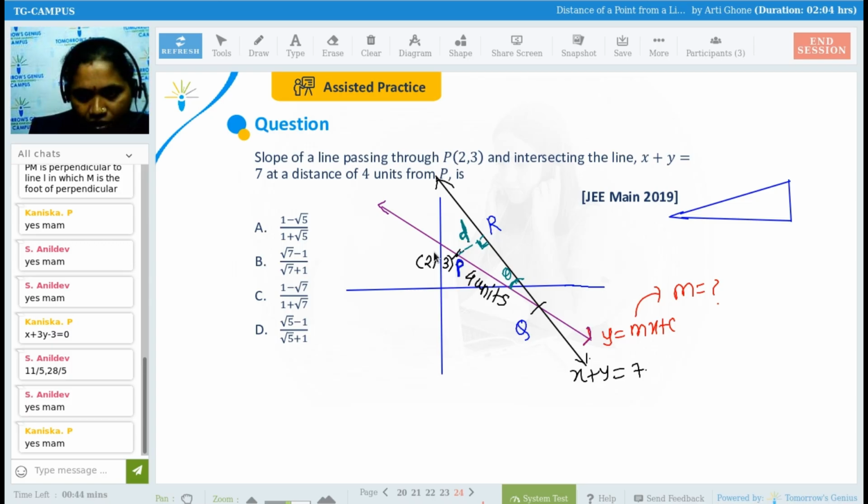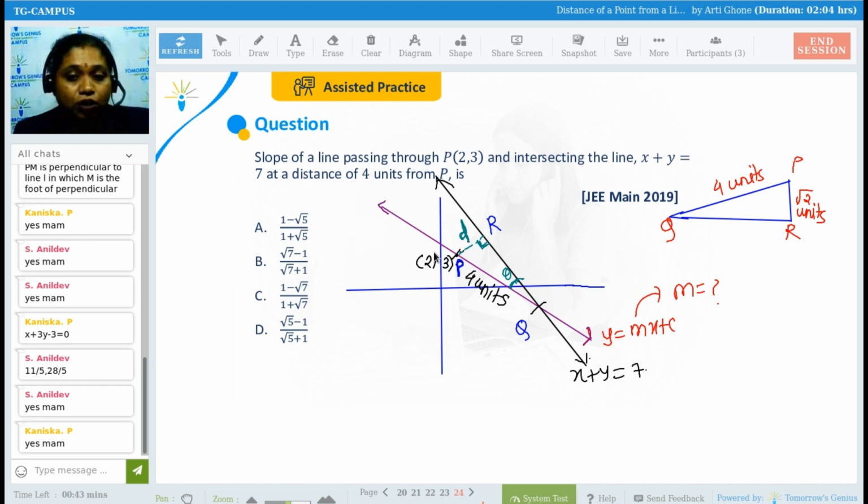This point of intersection, first thing, this one is PR and this one is Q. As we know the distance PQ, yes, it is 4 units. Right? And what is the distance d we got? Root 2 units.